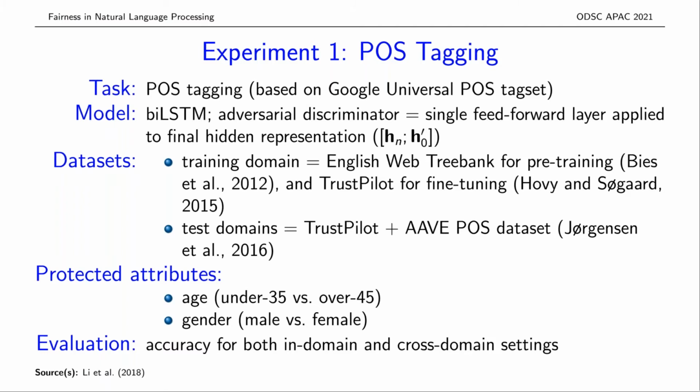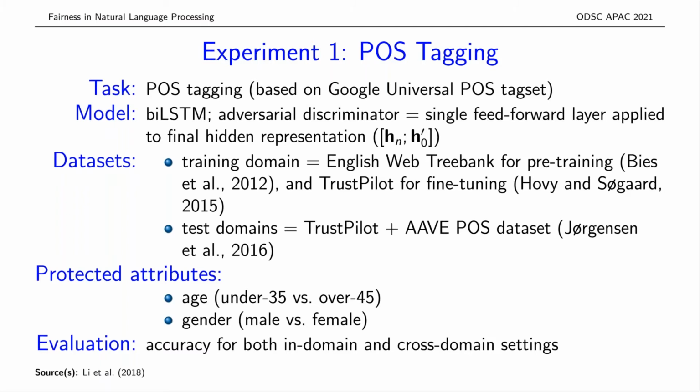So the first task is a simple part of speech tagging. We have a very standard, at the time, a little bit outdated now, biLSTM, and we're going to pre-train a model over English Web Treebank data, and fine-tune over a small subset of Trustpilot data.